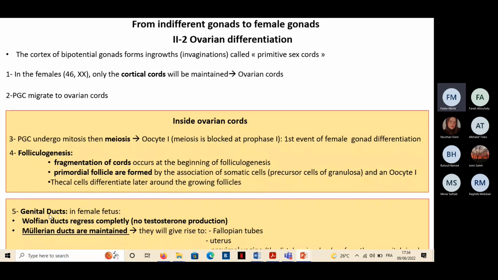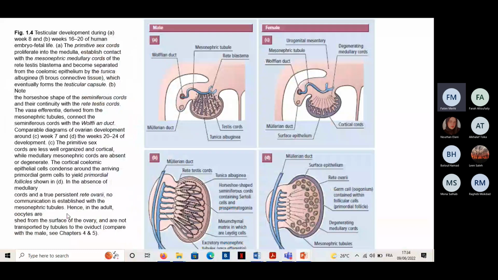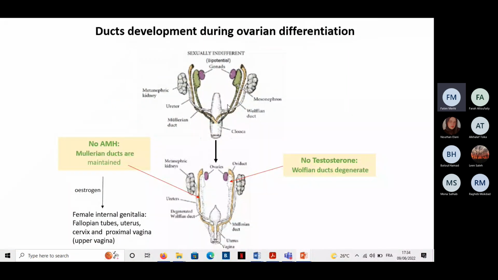Now also we will have the differentiation of the genital ducts in the females. As we have said, during the stage of bipotential gonads, we also had bipotential ducts.